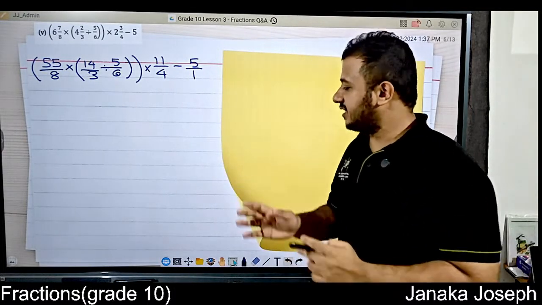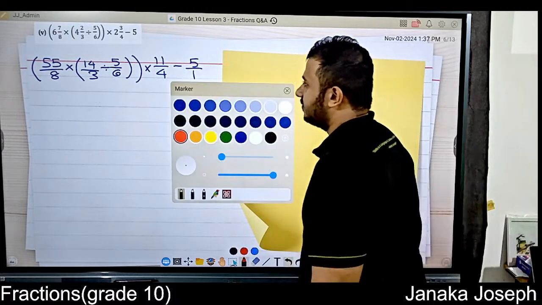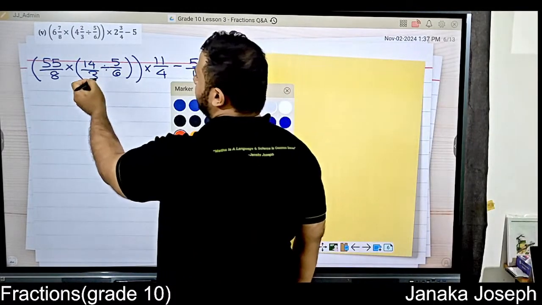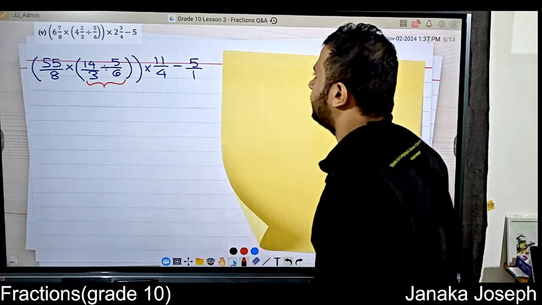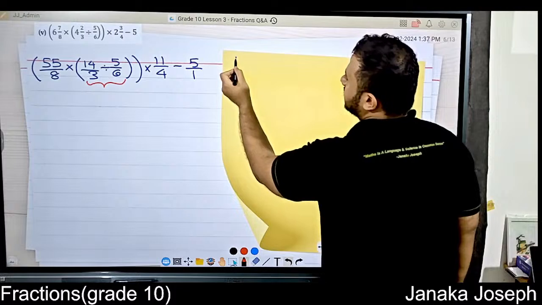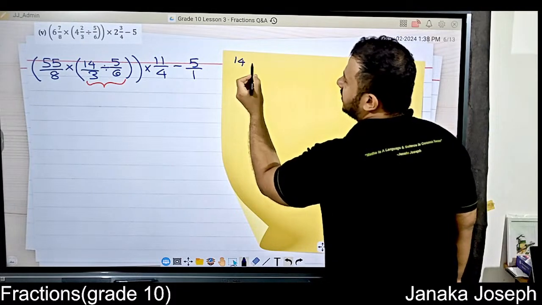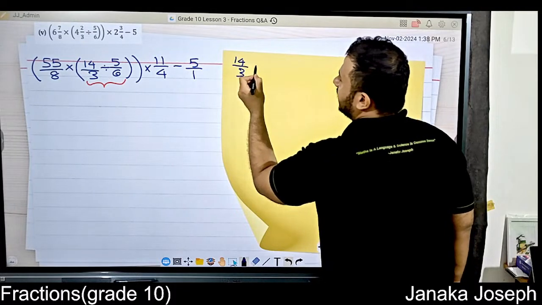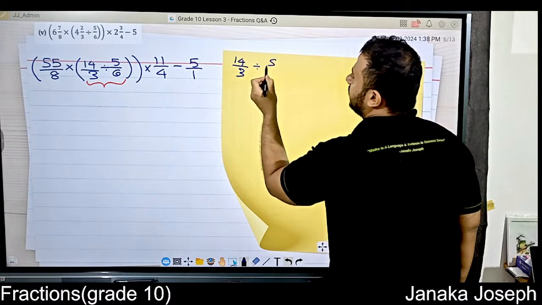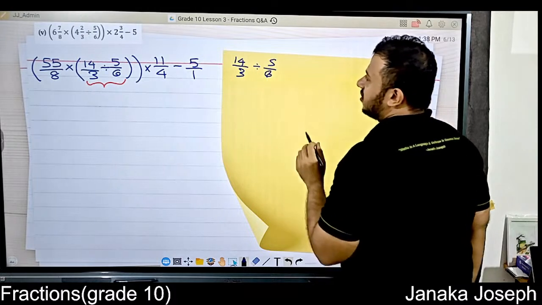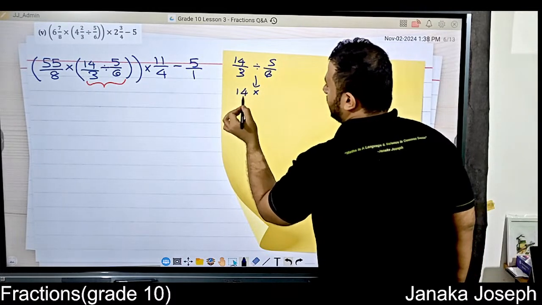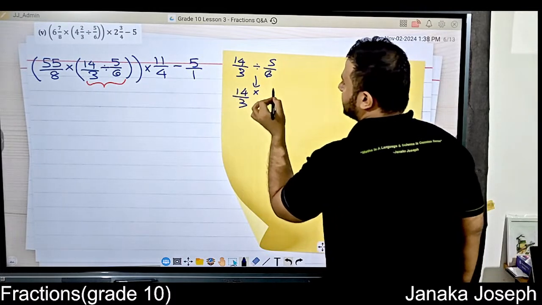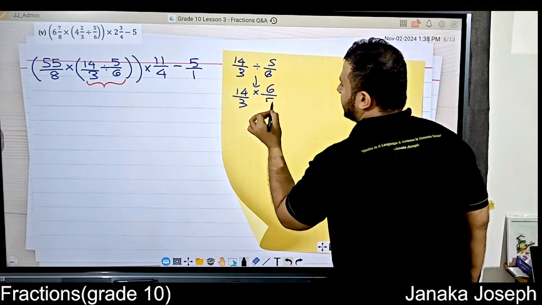Now when I look at it, I can definitely understand my first step will be the inner bracket here. Let me simplify that inner bracket and write it down. So the first thing is 14 over 3 divided by 5 over 6. As I always say, division will become multiplication when the right hand side fraction goes upside down.